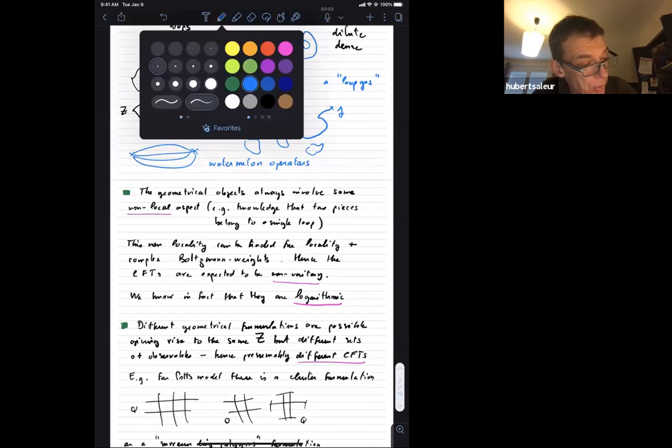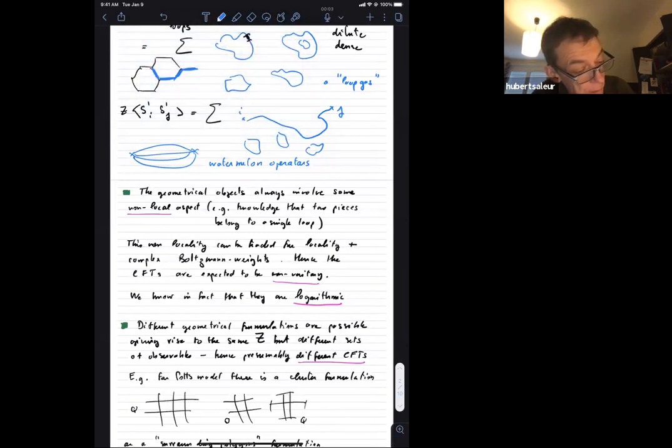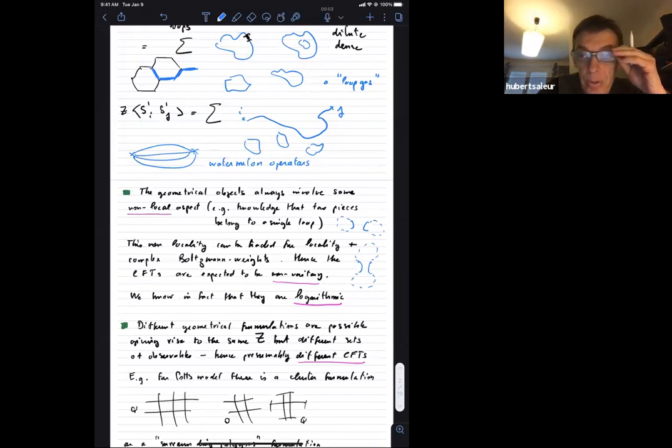If you have, for instance, a local configuration of two little pieces of loops like this, you do not know, if you look only locally, whether this configuration arises from two loops, like this, or whether it arises from only having one loop like this. Hence, the question of whether you should give a fugacity n squared or n has an answer that requires some non-local information.